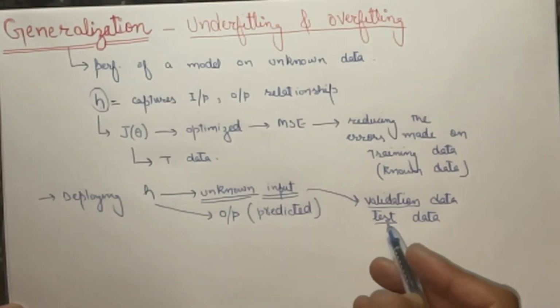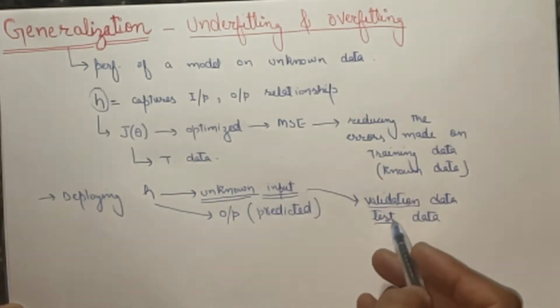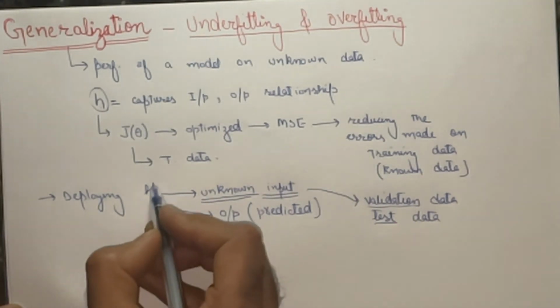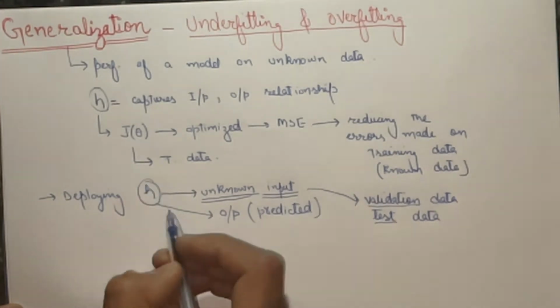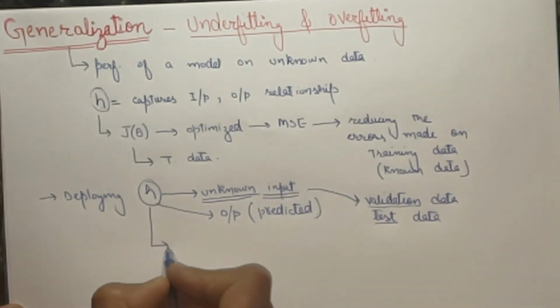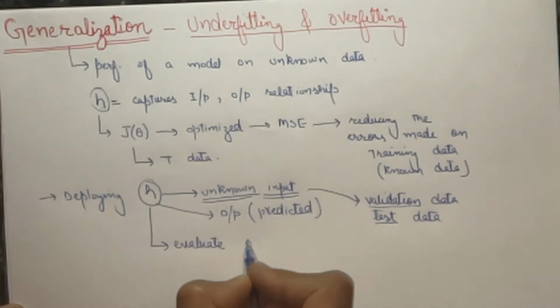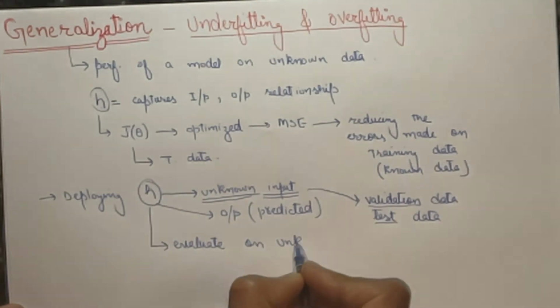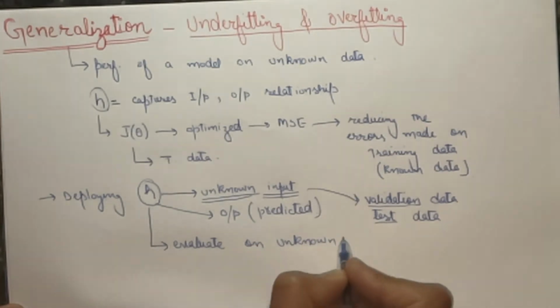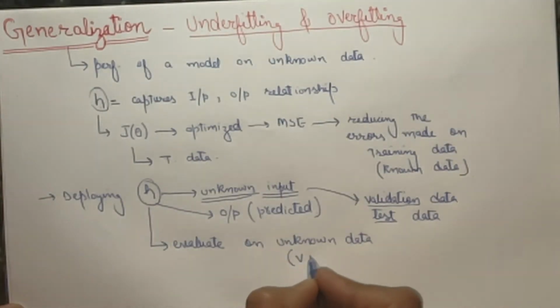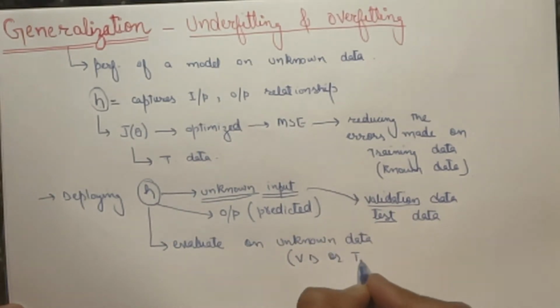In our subsequent lectures we will discuss what validation data and test data are. After making a hypothesis function, we have to evaluate it on unknown data, which is also called validation data or test data.